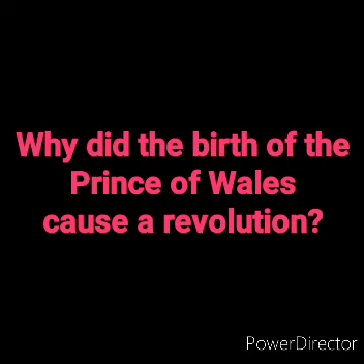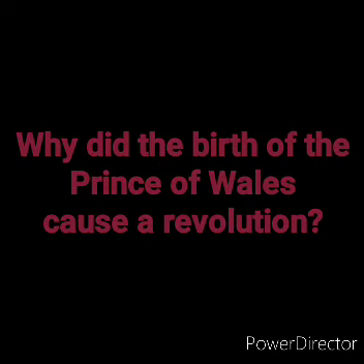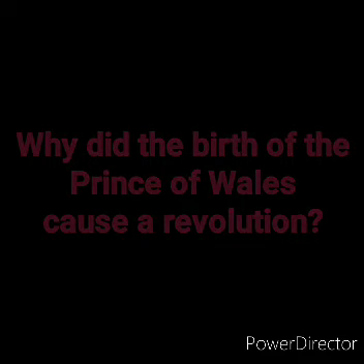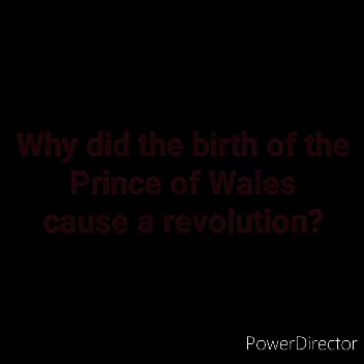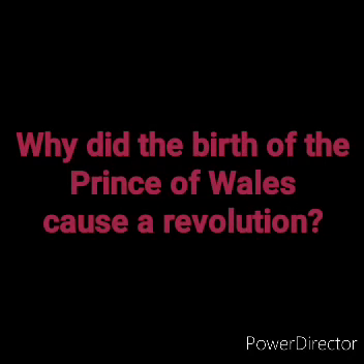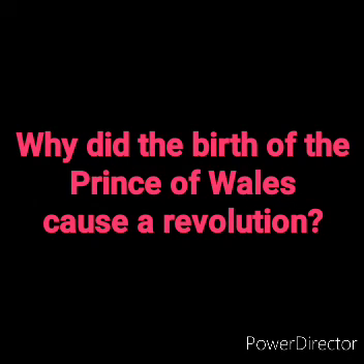And so, since they did not know the mother, they just said, "Okay, he's illegitimate, so he cannot succeed James II." It caused the revolution. This was the immediate cause of the revolution because the child was born in 1688, the 10th of August, 1688.